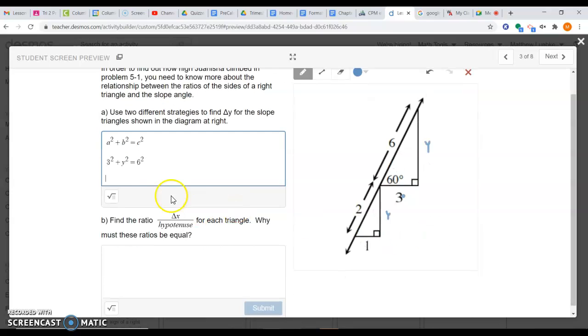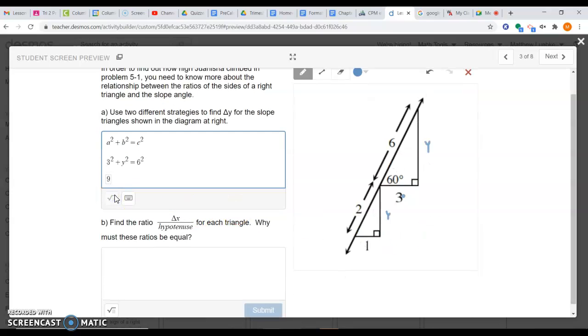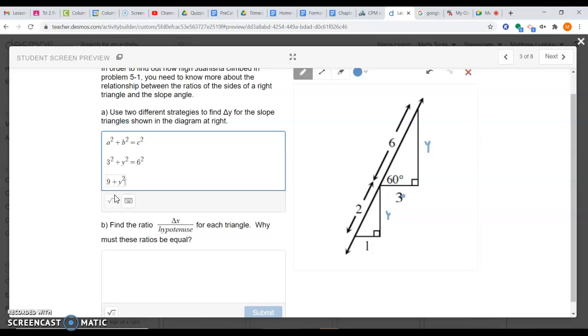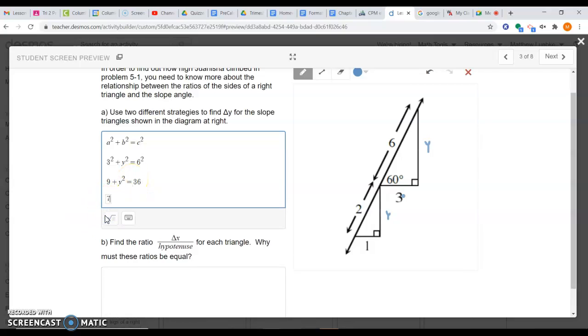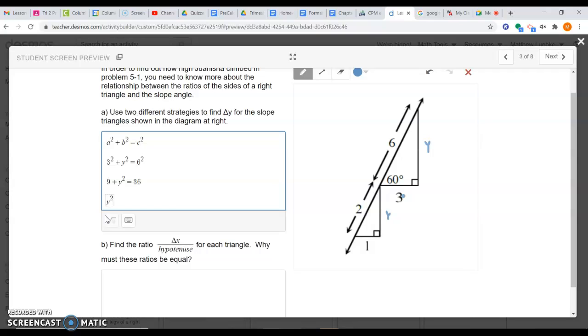I have then 3 squared is 9, because 3 times 3 is 9, plus y squared, because y squared is still y squared, nothing we can do with it, equals 6 squared, which is 36. Subtracting over the 9 so that we get y squared by itself, I am left with y squared equals 36 minus 9, which is 27, so equals 27.